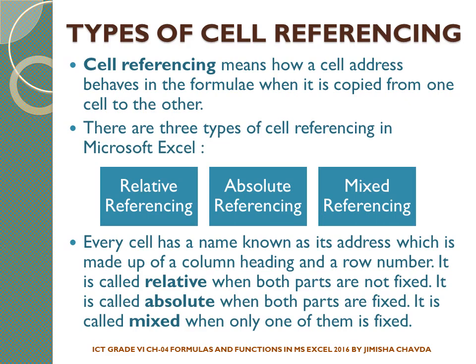Every cell has a name known as its address, which is made up of column heading and a row number. It is called relative when both parts are not fixed. It is called absolute when both parts are fixed. It is called mixed when only one of them is fixed.